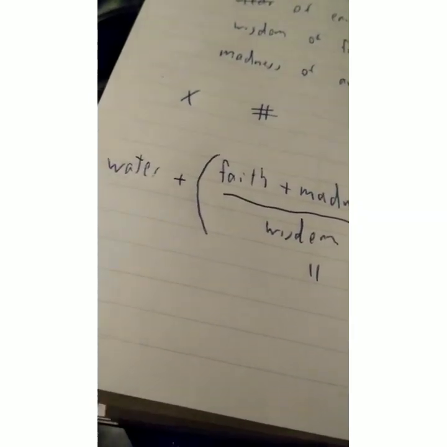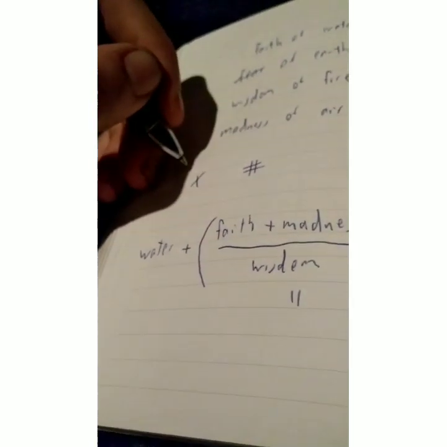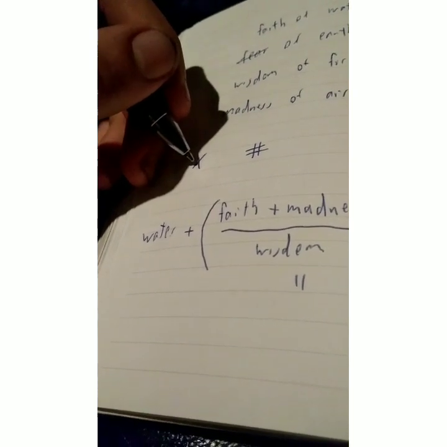Here is a very large meaning math equation where water plus faith plus madness divided by wisdom minus fear equals something. We'll get to that. But I just wanted to mention, in normal math, multiplication is very important.